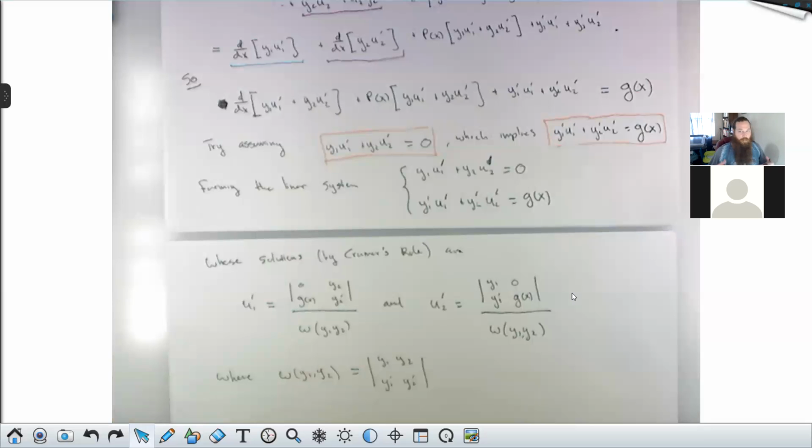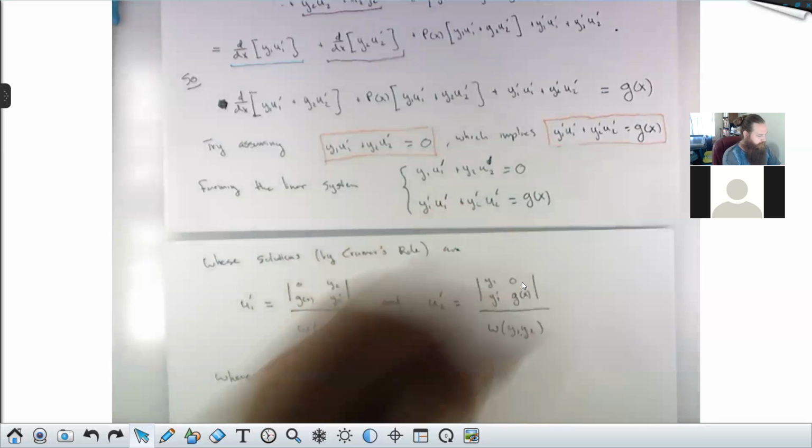So you could write this formula a bunch of different ways, yeah? You could take this and plug it in downstairs. You could write out what everything is, right? This is 0 times y2 prime minus g of x times y2. And this is y1 times g of x minus y1 prime times 0. But I'll tell you this is how I think of it.